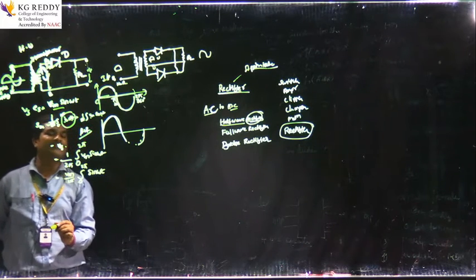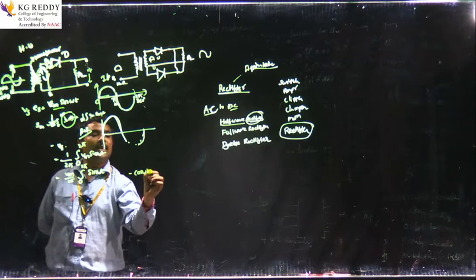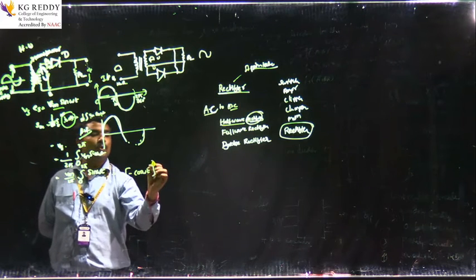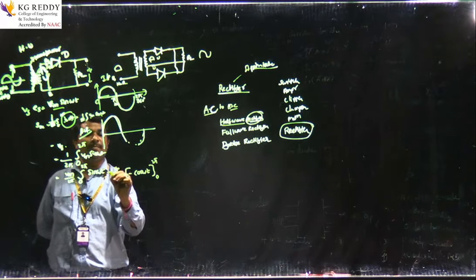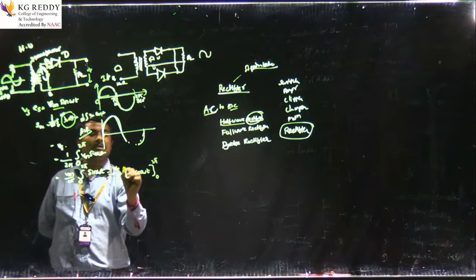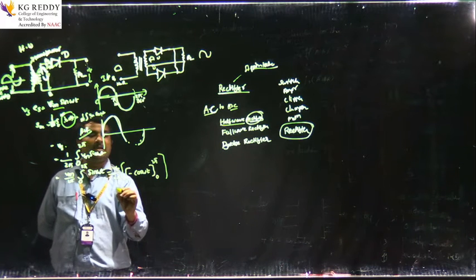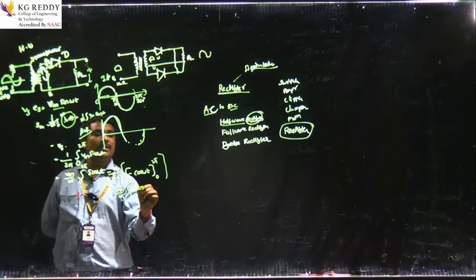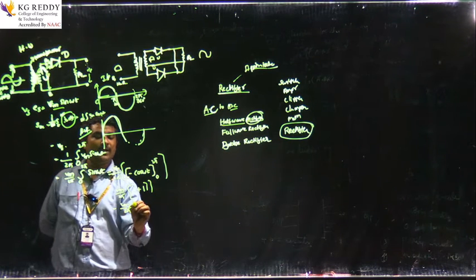What is the integral of sin omega t? Minus cos omega t. With upper limit 2 pi and lower limit 0, and constant Vm by 2 pi. By substitution, cos 2 pi is 1, giving Vm by 2 pi, and minus into minus at the lower limit, cos 0 is 1, giving Vm by 2 pi, and this is 2.